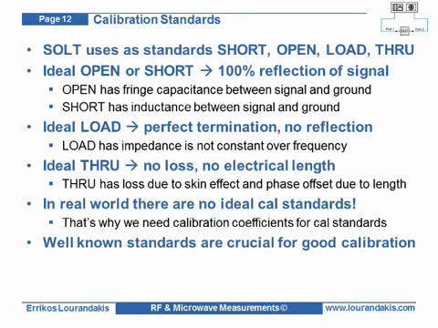An ideal through would have zero loss and electrical length. In reality, a through standard has some insertion loss and phase shift due to its physical length. To put it in simple words, there are no ideal cal standards, and that's why we need well-defined standards for a quality calibration.